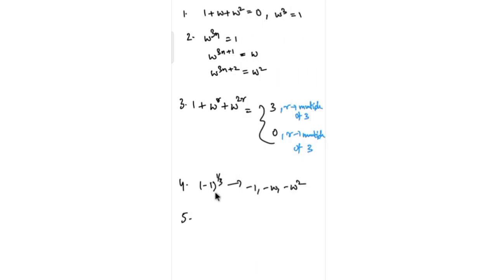The fifth point is, if a complex number a plus ib is taken, and if a is to b is 1 is to root 3 or root 3 is to 1, the ratio of the real part and the imaginary part, for example 1 plus i root 3, we get 1 is to root 3 ratio.